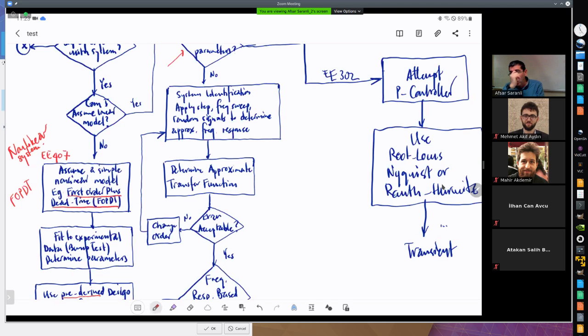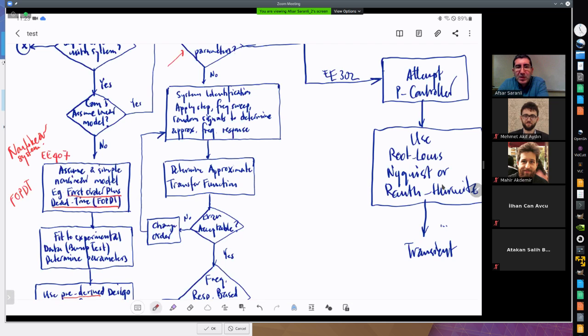So you can apply a known test signal to the system. You still need to be able to perform experiments with this system. You can apply a step input, a unit step. Remember, because the system is linear, in fact, a step response would give you everything that you need to know about this system.